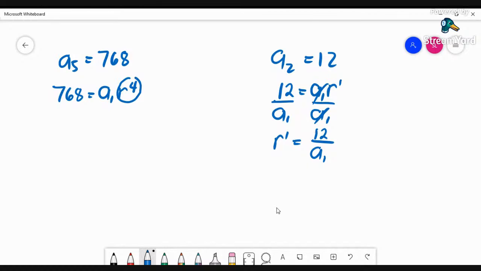Since we have R raised to 4, we have 12 over a sub 1, raised to 4. Diba? You have to multiply this 4 times. So a sub 1 raised to 4 and 12 raised to 4.